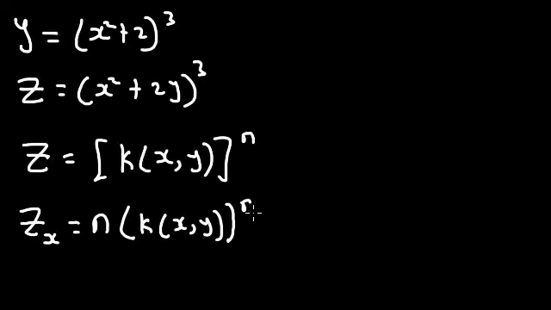So now we have to the power of n minus 1. Then you have to multiply it with the partial derivative of k with respect to x.